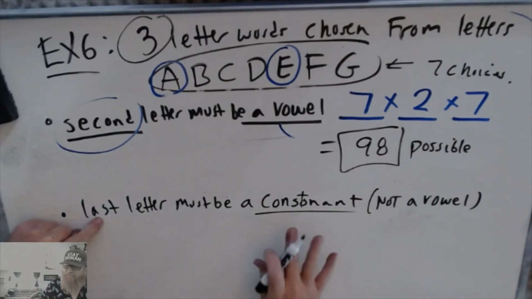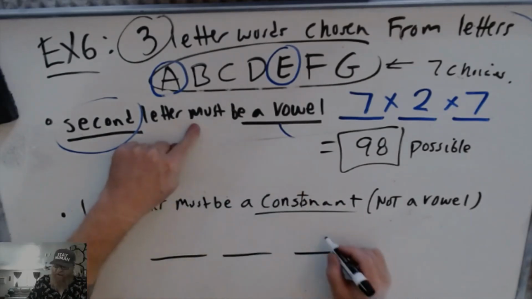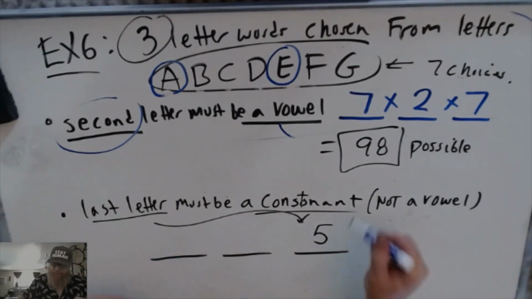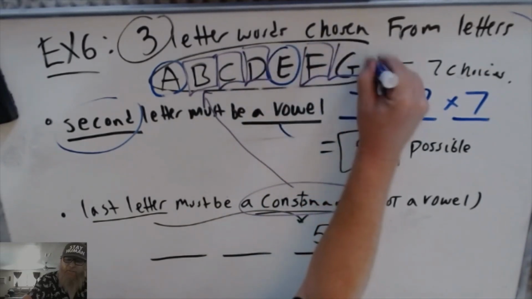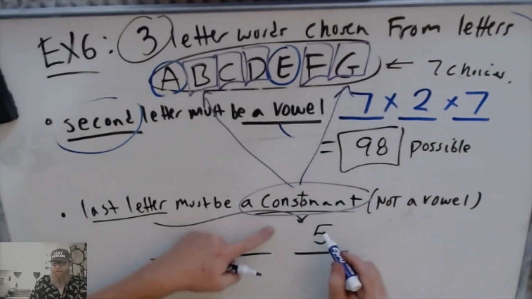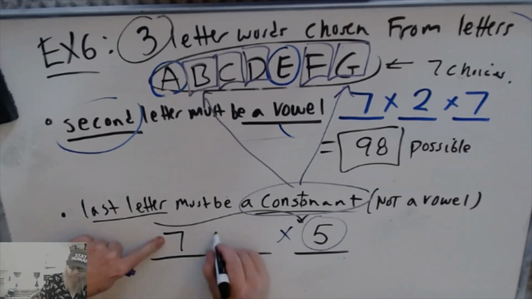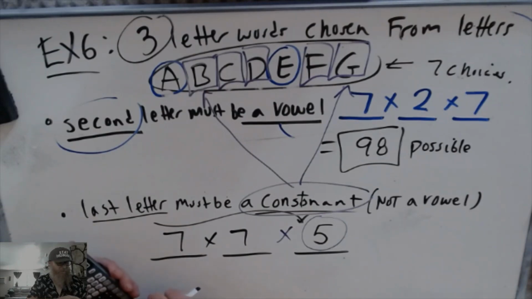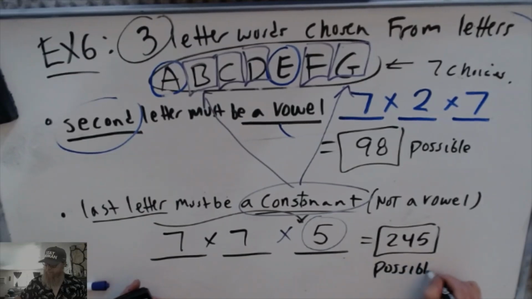So if the last letter must be a consonant, you have 5 choices for the last letter, because there are 5 consonants, B, C, D, F, and G. So you have 5 choices for the consonant. Then you have 7 choices for each of the others. So altogether, you'd have 245 possibilities.